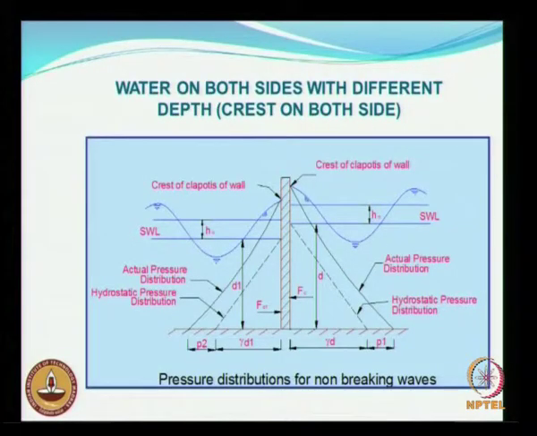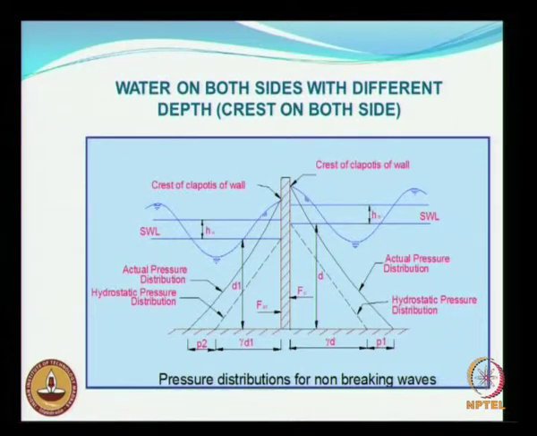So water on both sides with different depths, so the condition will be the crest on this side, so maybe you have a higher water depth, okay, and then the water depth on this side is less than this, so you have a differential water depth and differential pressures and forces acting on the wall.